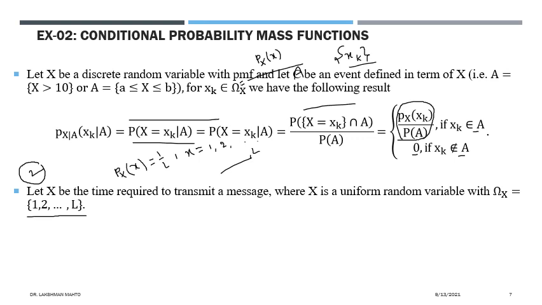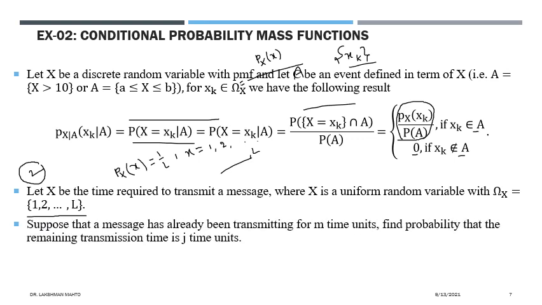Now our question is that we have to find a conditional probability mass function based on some conditioning. The conditioning is this: suppose that a message has already been transmitted for m time units, then we have to find the probability of the remaining transmission time being j units.